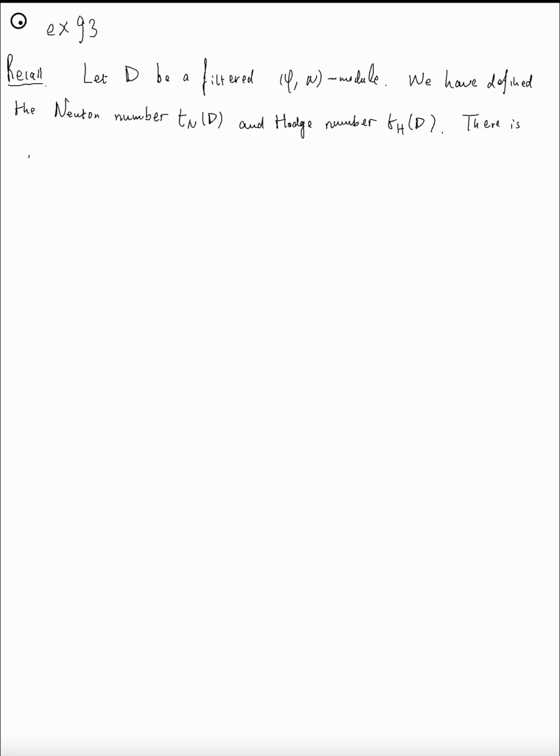There is a useful way to visualize this invariance. These are invariants actually, yeah, if two filtered phi modules are isomorphic, they have the same Newton number and Hodge numbers, right?